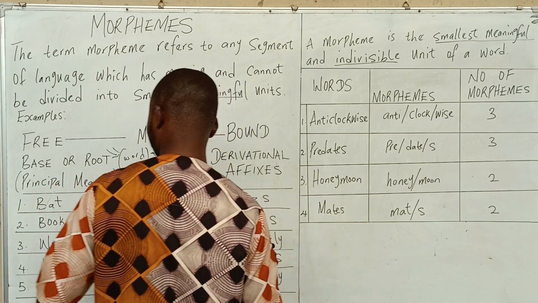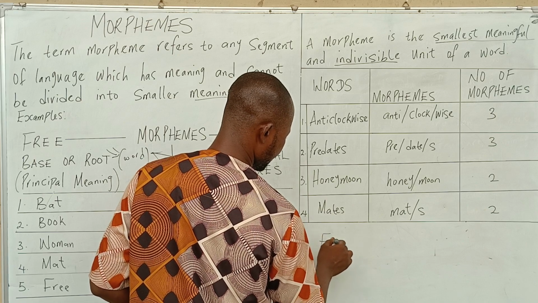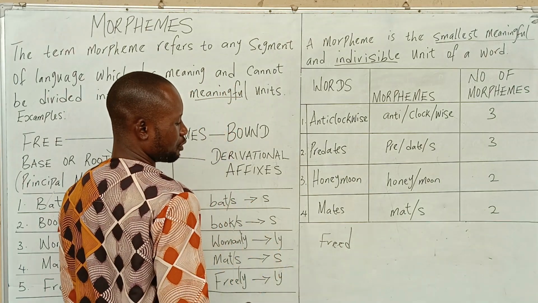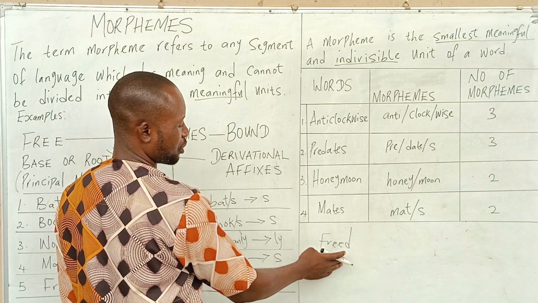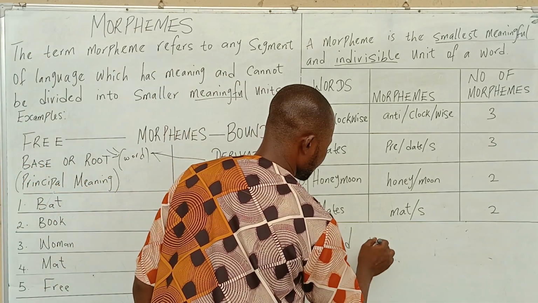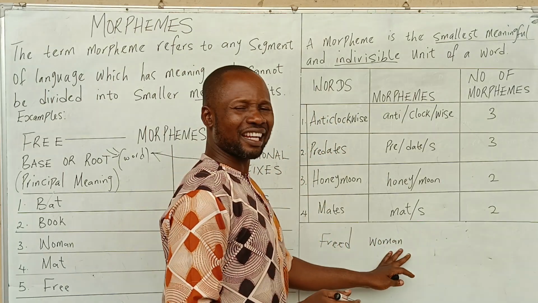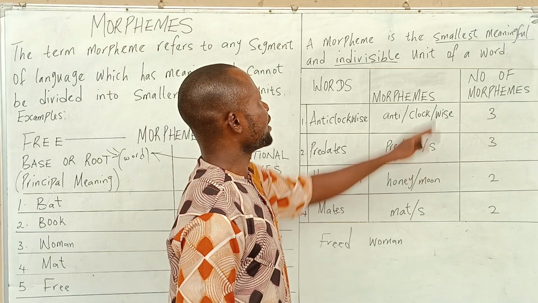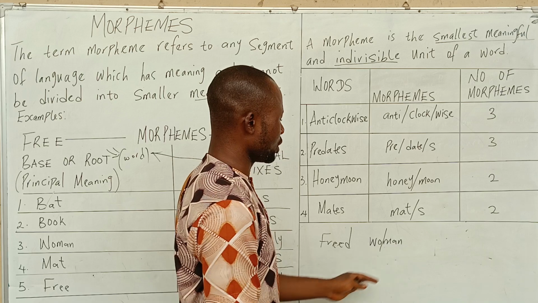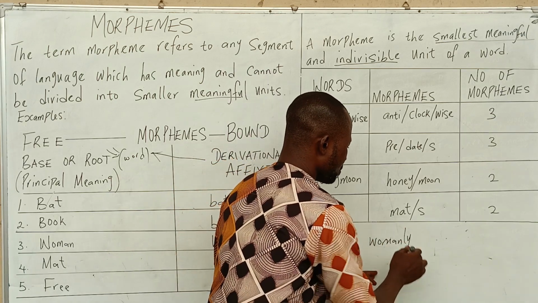Let's pick free. Maybe we now add freed. Or let's say we pick woman. If anything we keep adding here, they are no longer the smallest. If we divide this one, it becomes useless. But let's say we did not divide it. We now have womanly.